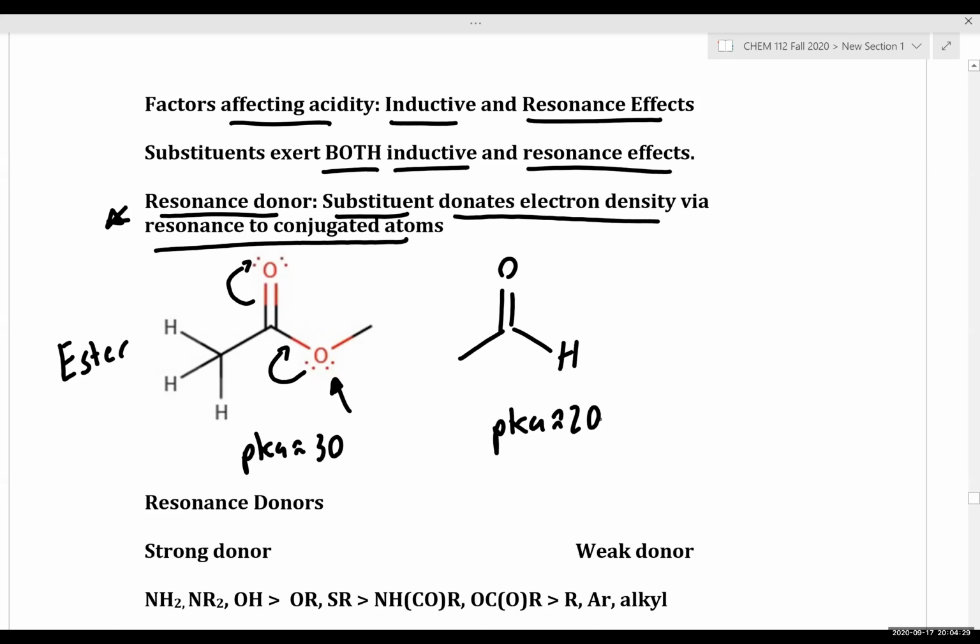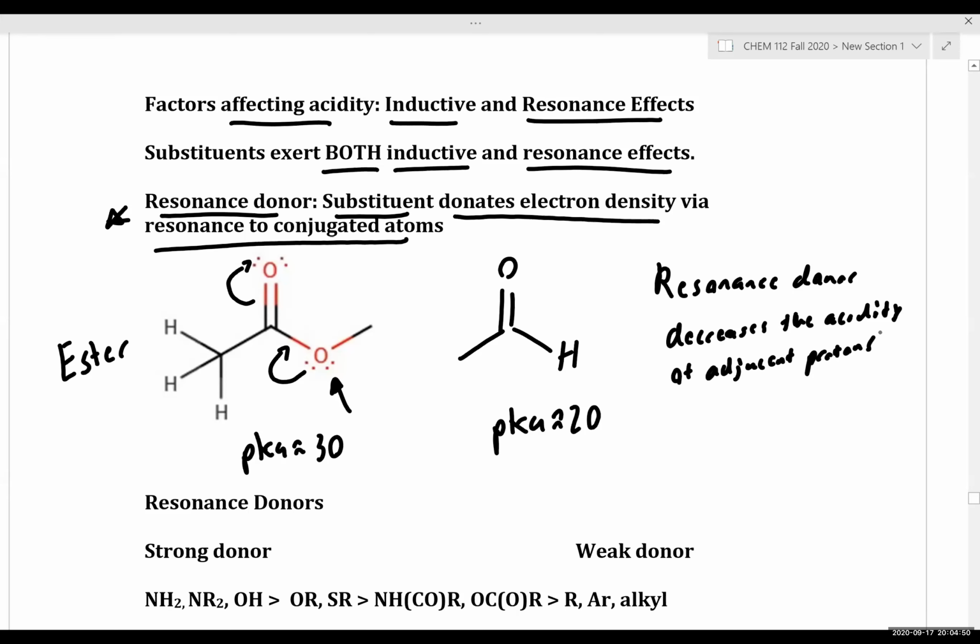The main distinction between these two molecules is that your resonance donor in general decreases the acidity of adjacent protons as they donate electron density to conjugated atoms.